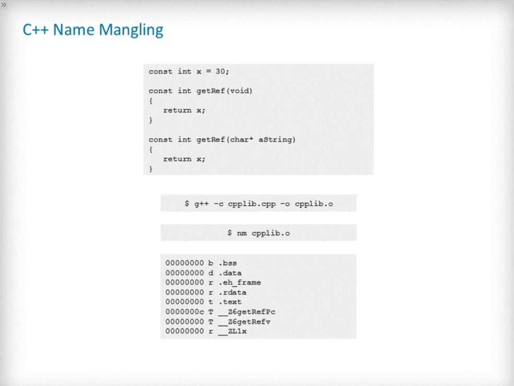Here is an example piece of C++ code that declares two functions with the same name and return type but different parameters, along with an integer memory object explicitly initialized to the value 30. Beneath the code is the C++ command line used to compile it into an object file called cpplib.o.